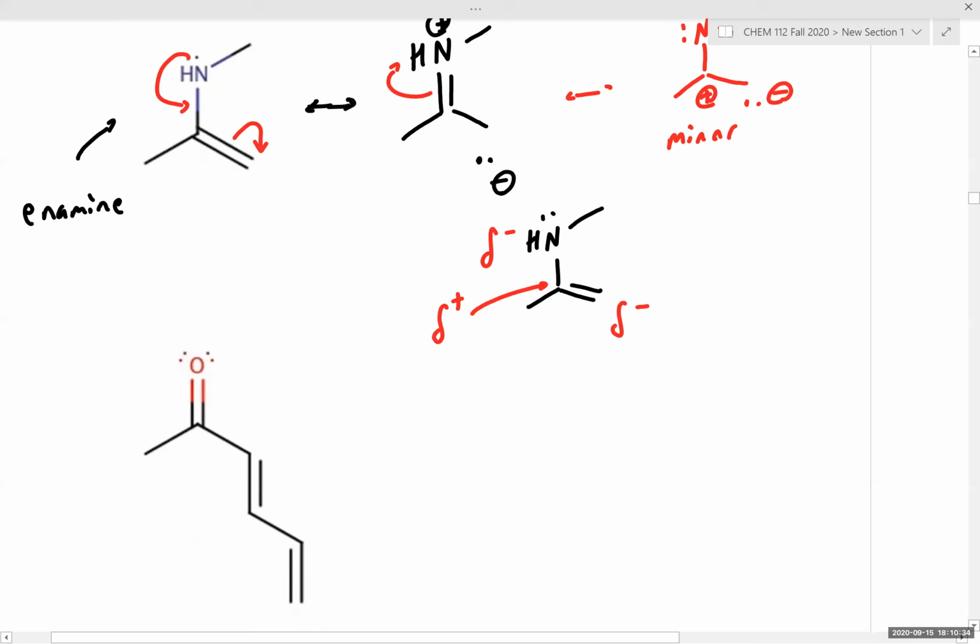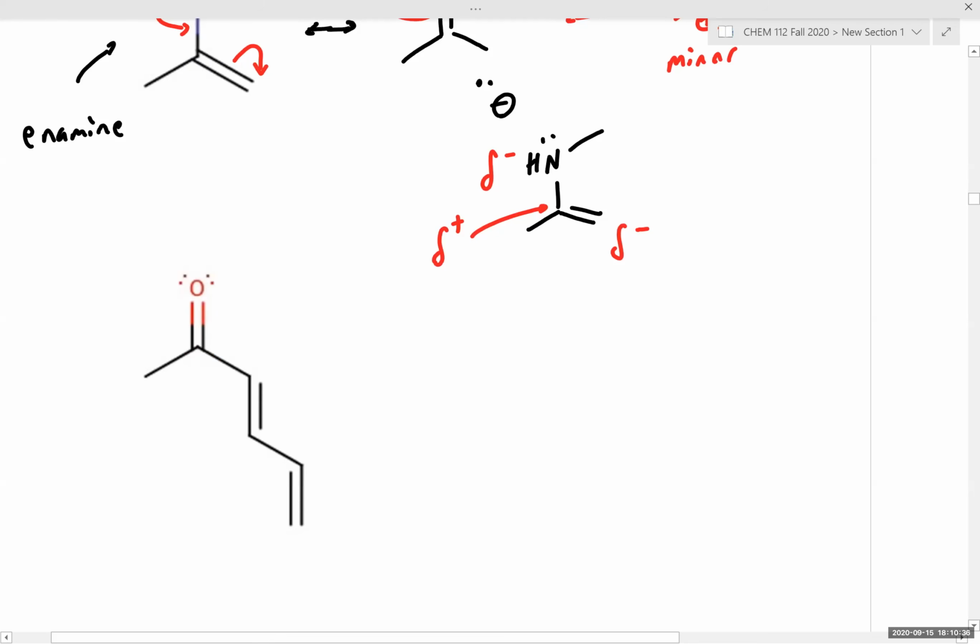So what I want everyone to do now is take a moment and try to draw resonance structures for the following molecule. I'm going to start you off with one of the resonance structures just to keep things a little bit more constrained. The first resonance structure that you're going to build off of is the following, where we kick our double bond up to form a lone pair.